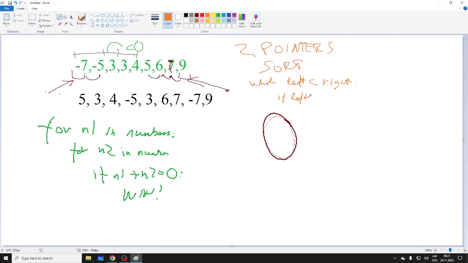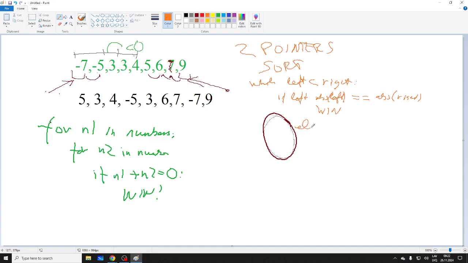I guess we can do this absolute with the other approach too. If the absolute of left equals the absolute of right, we win, and then we change the pointer.